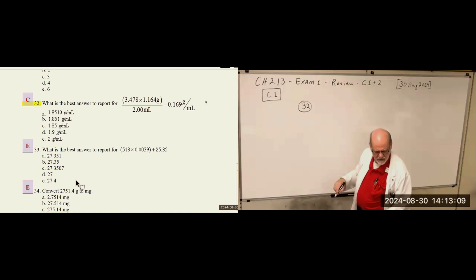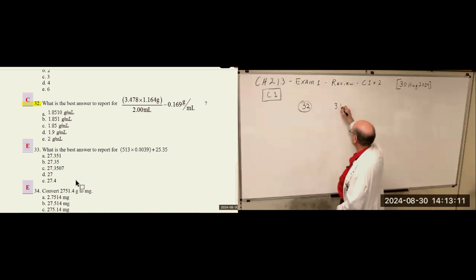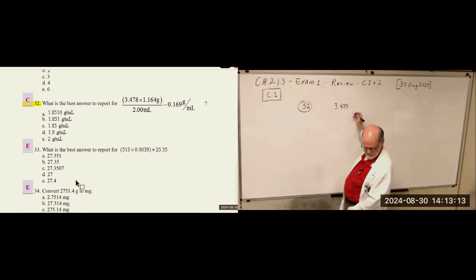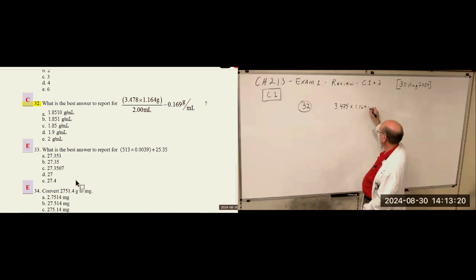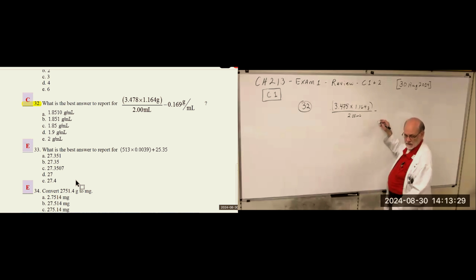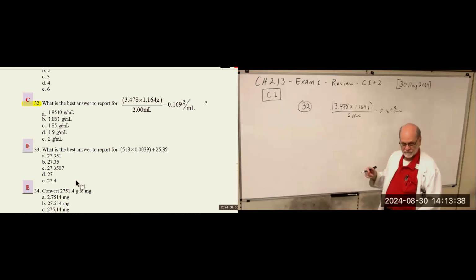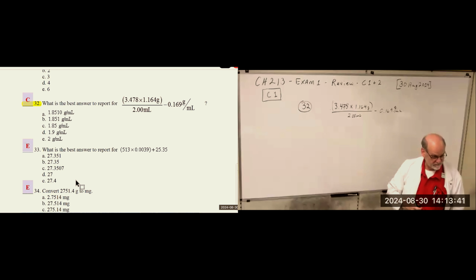So what do we got? 3.478 times 1.164 grams divided by 2.00 milliliters minus 0.169 grams per milliliter. Right. Order of operation.